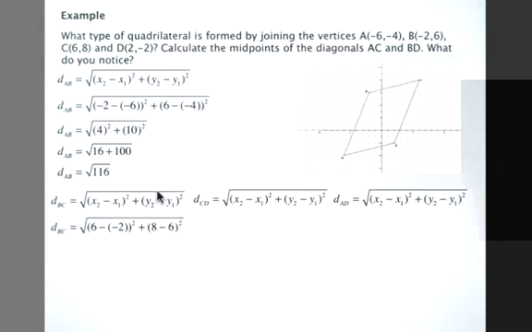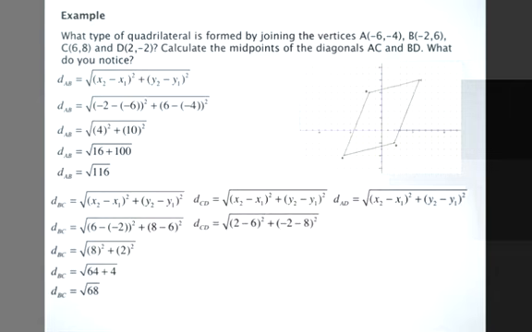For side BC, 6 subtract -2 squared plus 8 subtract -6 squared. So we get 8 squared plus 2 squared, 64 plus 4. So side BC has a length root 68. For CD, 2 subtract 6 squared plus -2 subtract 8 squared gives us -4 squared plus -10 squared, 16 plus 100.